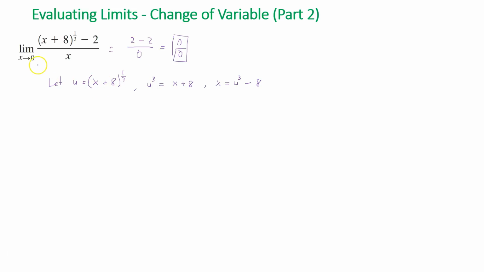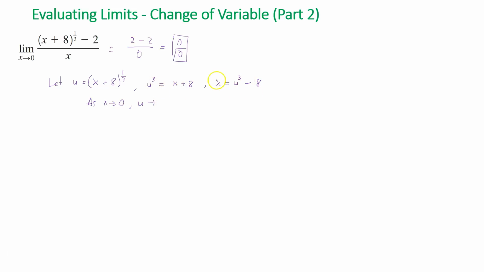Now the next part, because I'm trying to write this expression in terms of u, is that I have to change this part. As x approaches 0, I need to determine what u approaches. To determine that, we can either look at this equation or this equation.